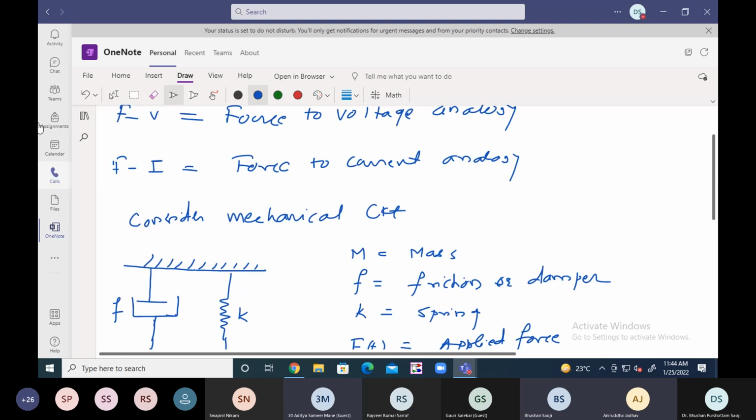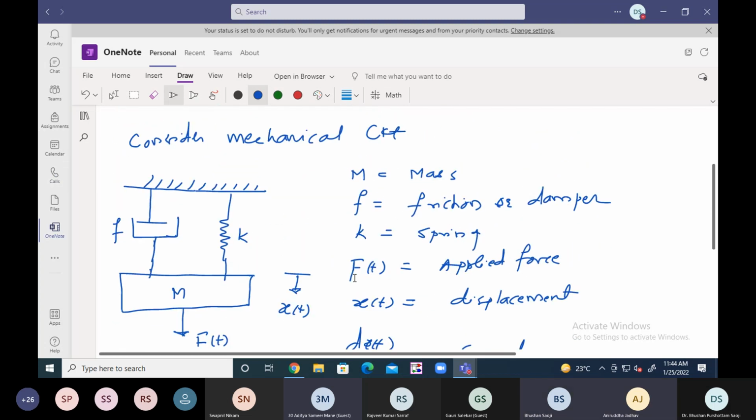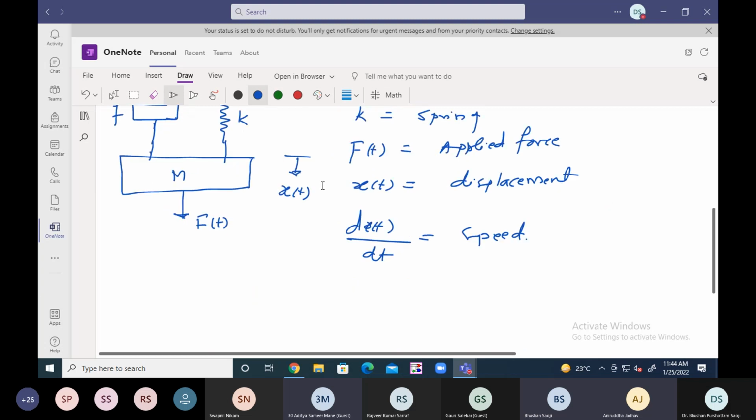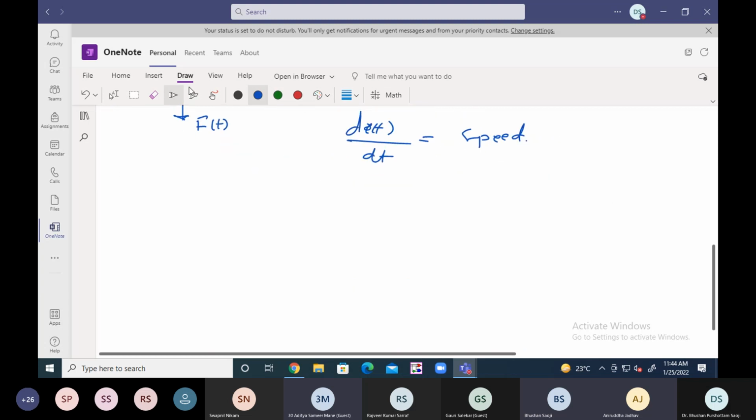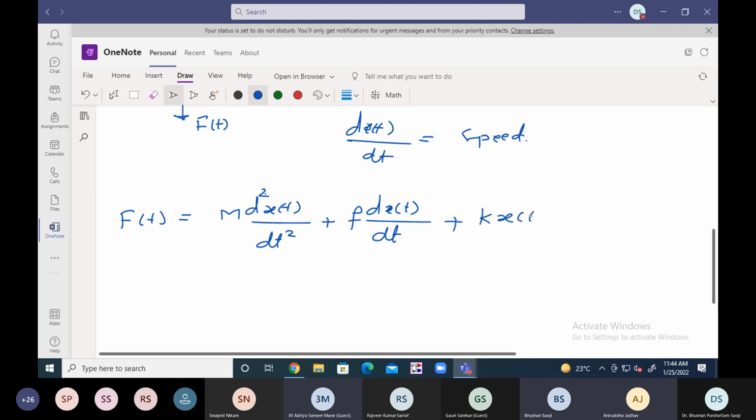Now see here, from this equation, yesterday in the last period we derived the equation F of t equals m d square x of t by dt square plus f into dxt by dt plus k into x of t.